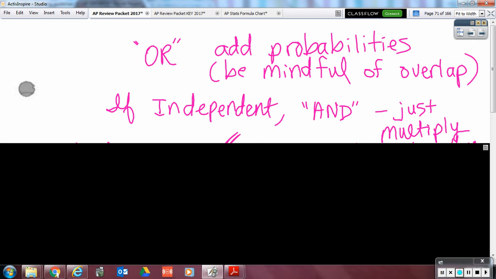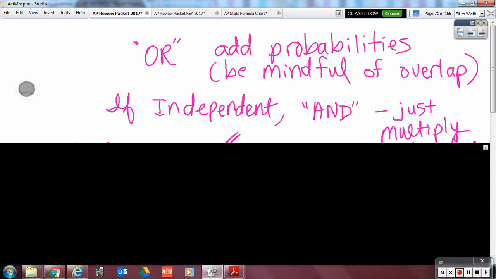If they are independent, then you can just multiply one probability times another probability. If it says what's the probability of this and that, you can just multiply the two probabilities together. Okay, we like those ones. Those are simple, but that doesn't always happen.